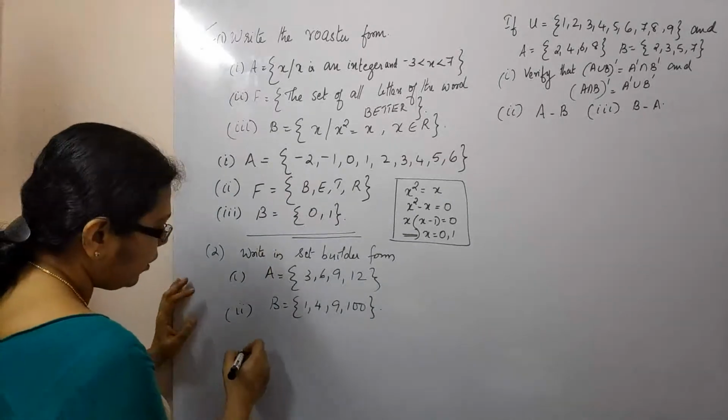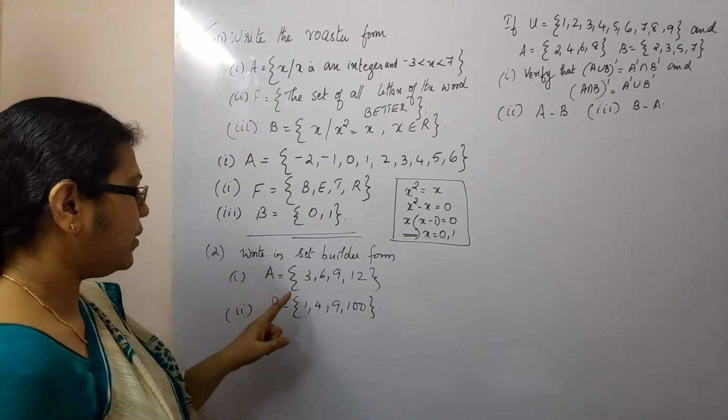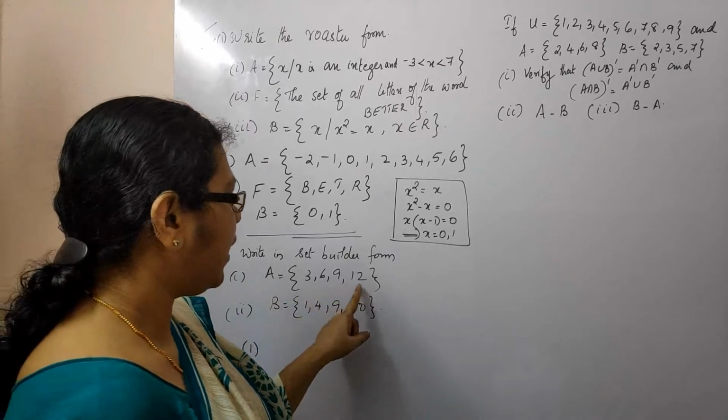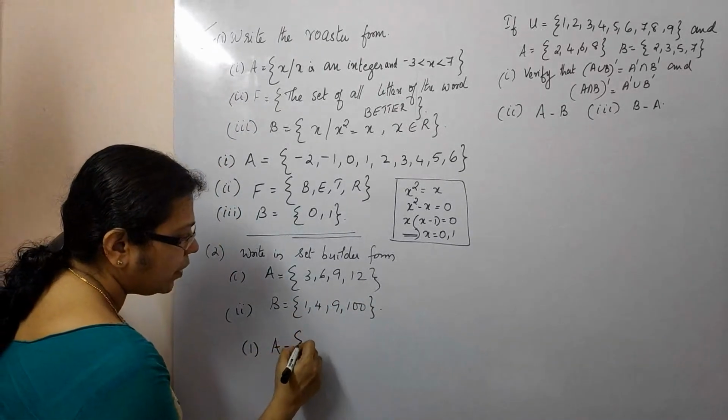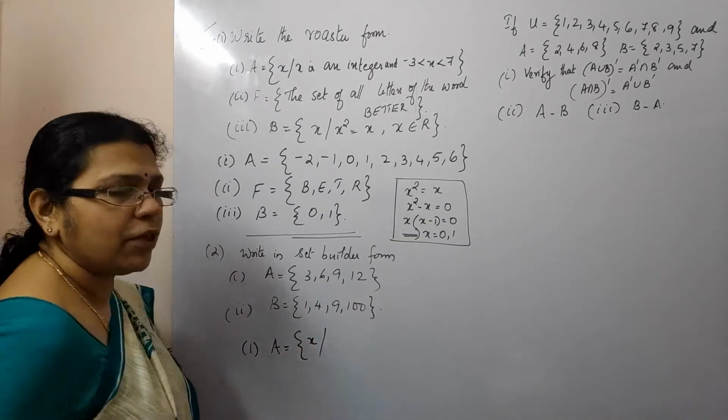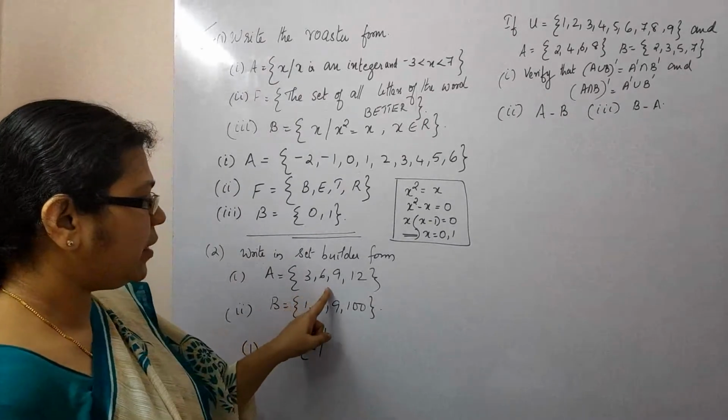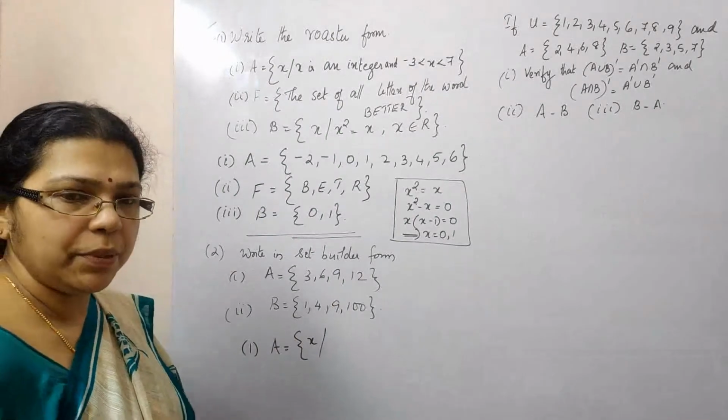Okay, so the first one, how will I write? Set 3, 6, 9 and 12. Okay, so I can write A is equal to the set of all x such that, what is 3, 6, 9, 12? These are the multiples, isn't it?